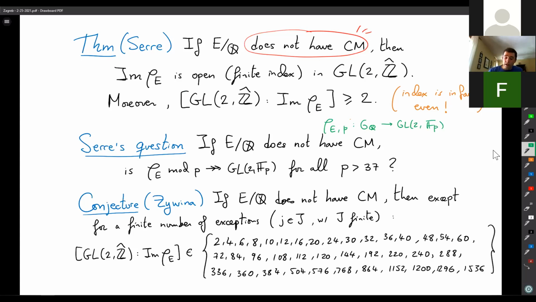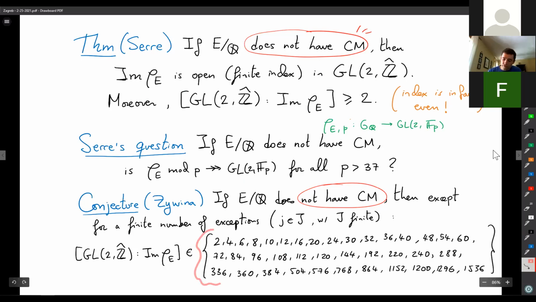And Zywina proved that if you assume Serre's question, then the following is true. I formulated it here as a conjecture, but it is a theorem if Serre's question is true. Again, if there is no CM, then except for a finite set of j-invariants, the image has index in GL2 equal to one of these numbers.